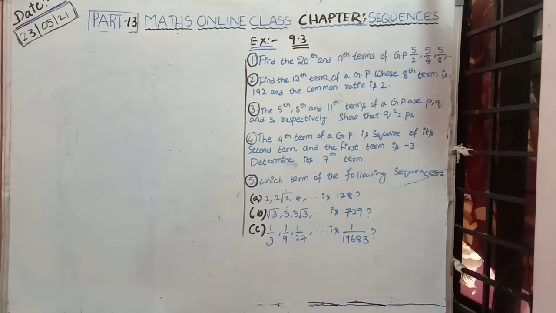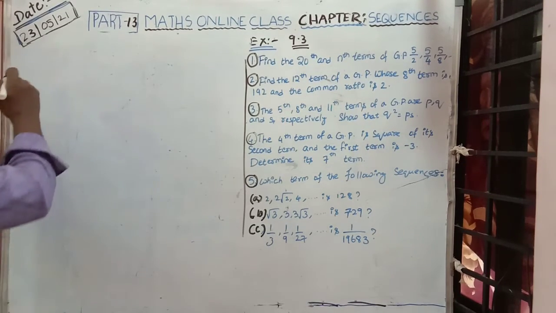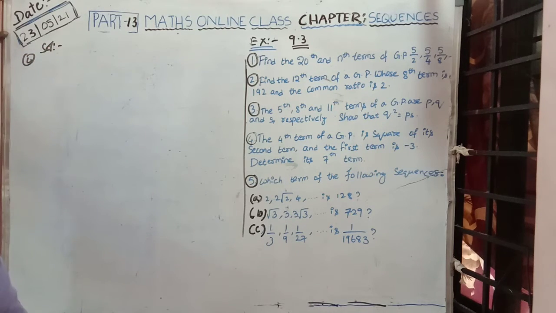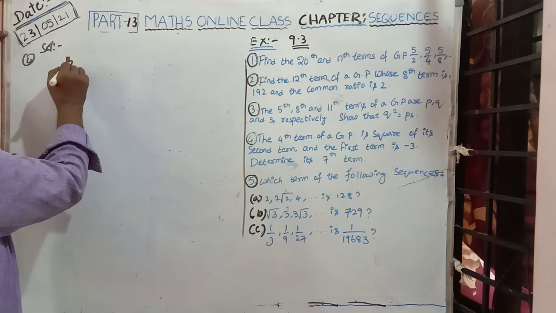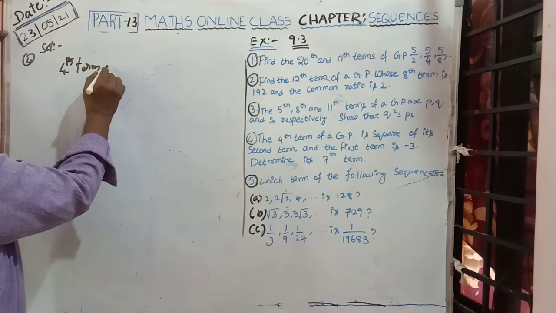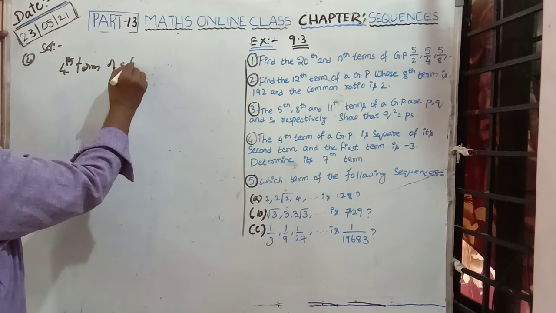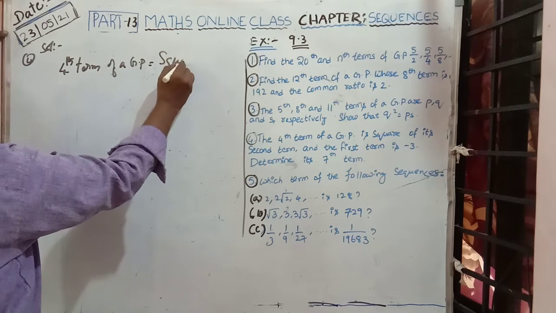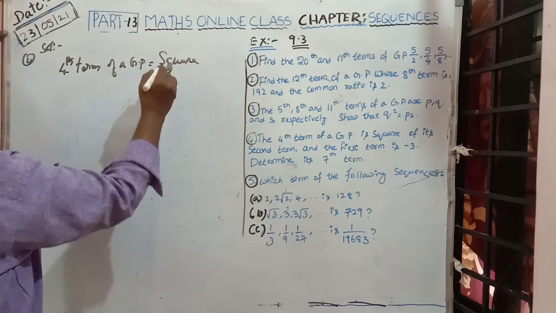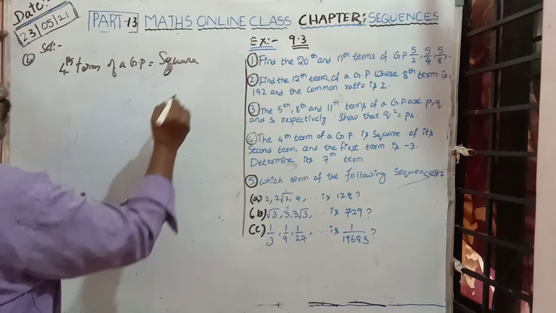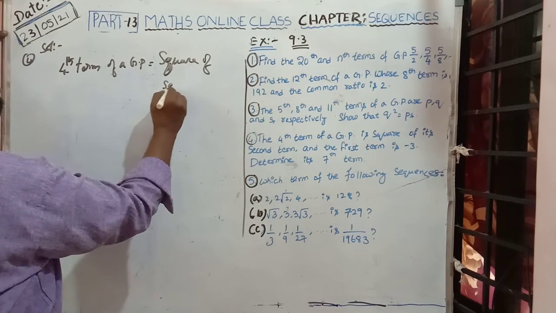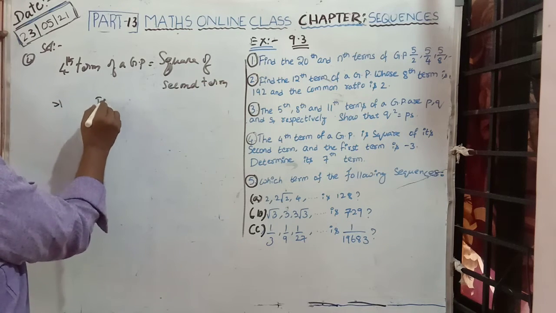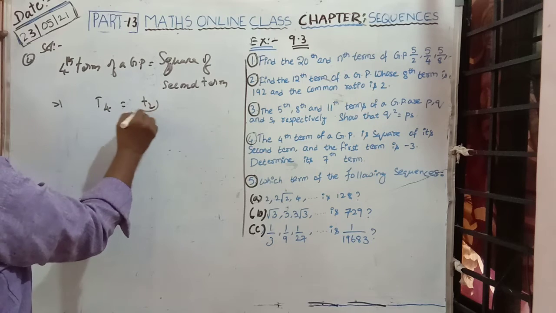See, the fourth problem, the solution. The fourth term of a GP is equal to the square of the second term. That implies T4 is equal to T2 square.